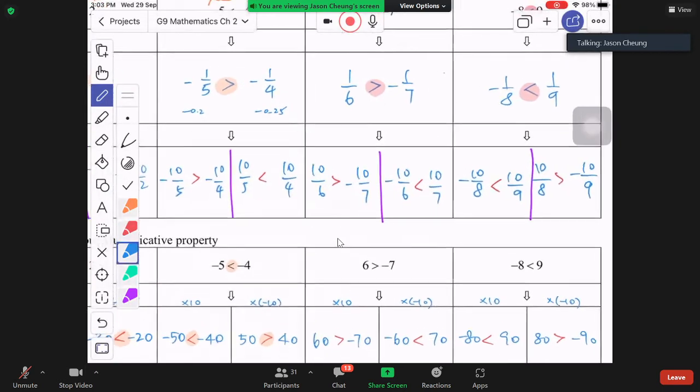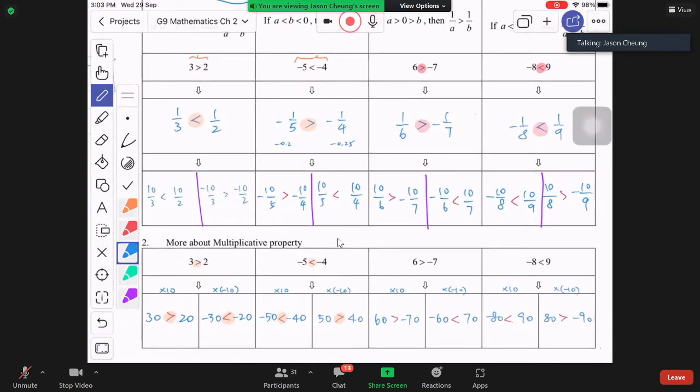Okay, let's check. It looks messy, but actually it is very easy.